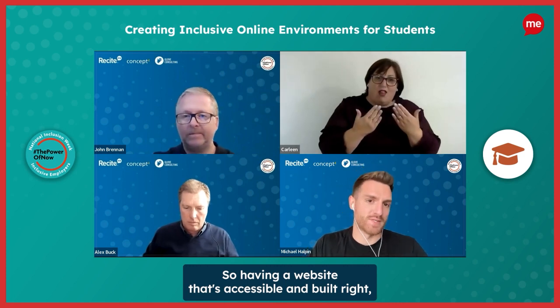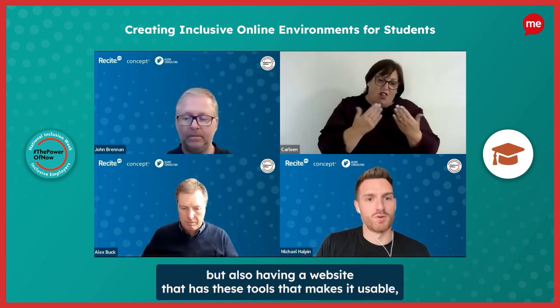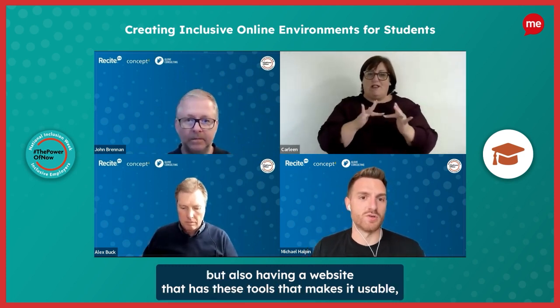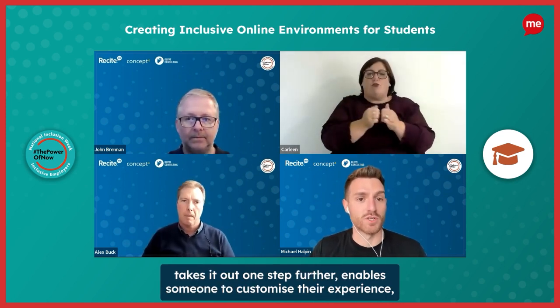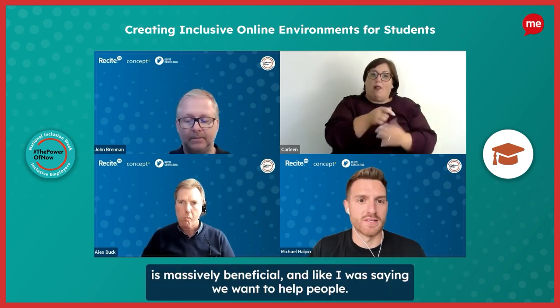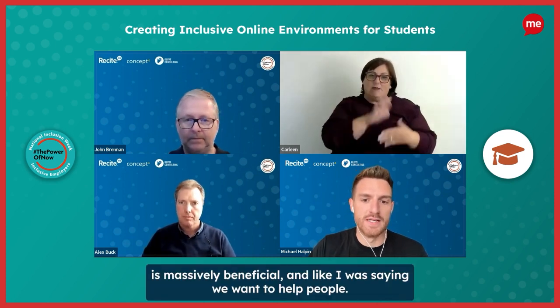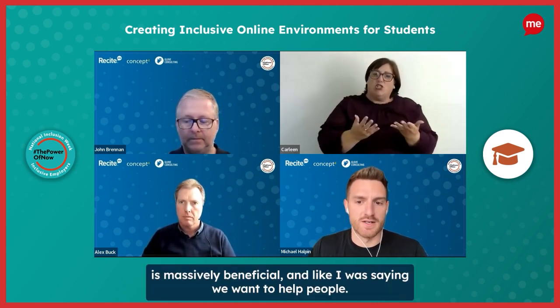So having a website that's accessible and built right, but also having a website that has these tools that make it usable, takes it that one step further, that enables someone to customize their experience, is massively beneficial. And like I was saying, we want to help people. That's what Recite Me do.